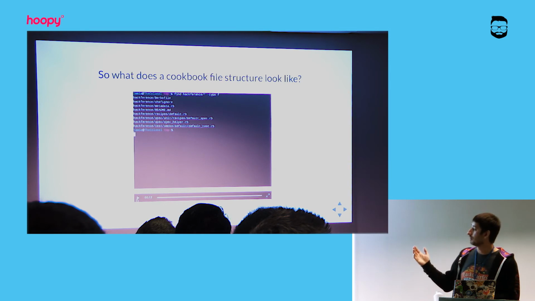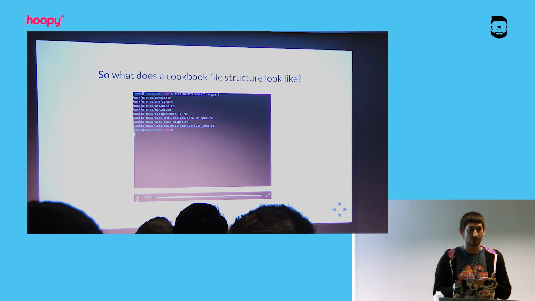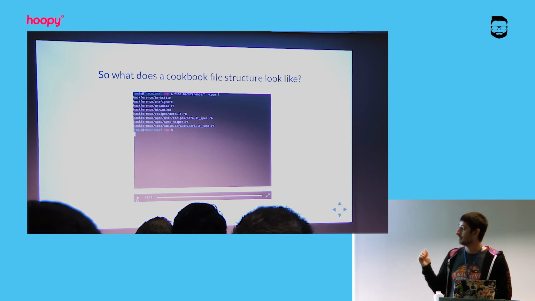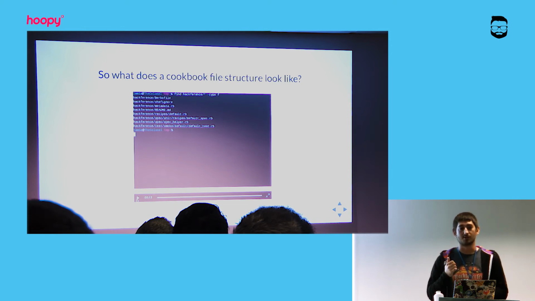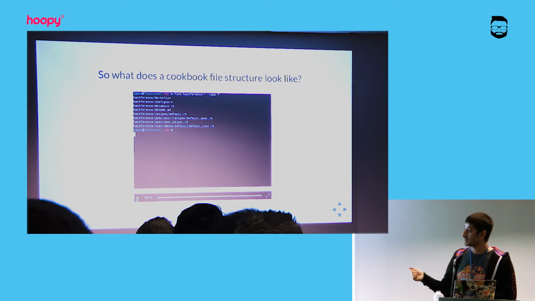So for instance, we've got the Berksfile. So Berks is a dependency management tool that downloads things from a bookshelf. There's your metadata, which is information about the cookbook itself. So for instance, what platforms do you support? What's the cookbook name? Are there any requirements of Chef versions? Things like that. You've got the recipes.